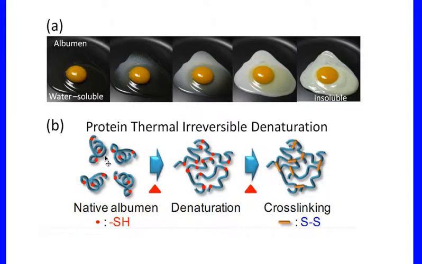This would be like a diagram of that structure. And then when you start to heat that protein albumin, the heat causes it to change its shape until eventually it's out of shape so much that the protein doesn't work anymore, and that's where we have our completely cooked fried egg.